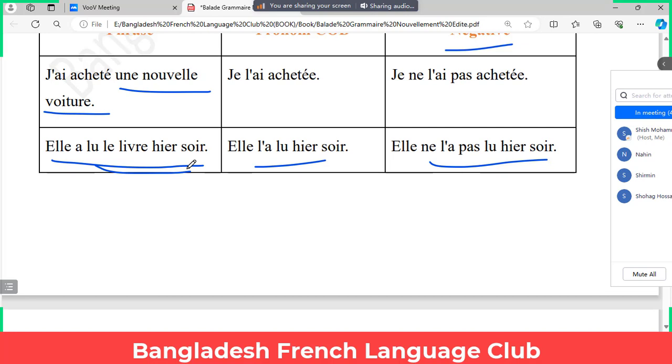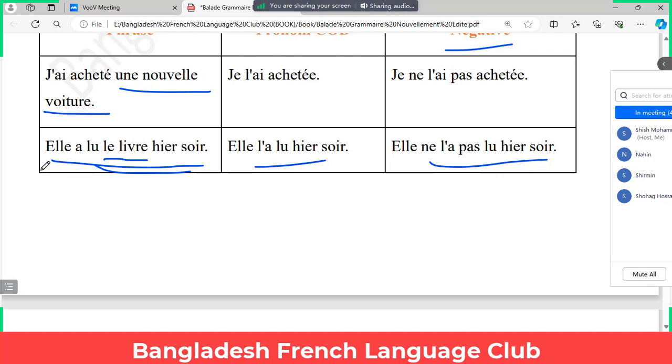Hier soir is the object? Yeah, it's a part of that, but it's not. It's le livre, right? The book. Okay. Le livre is the object in this sentence.